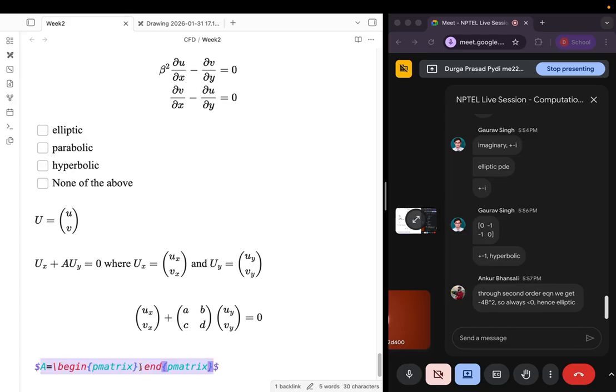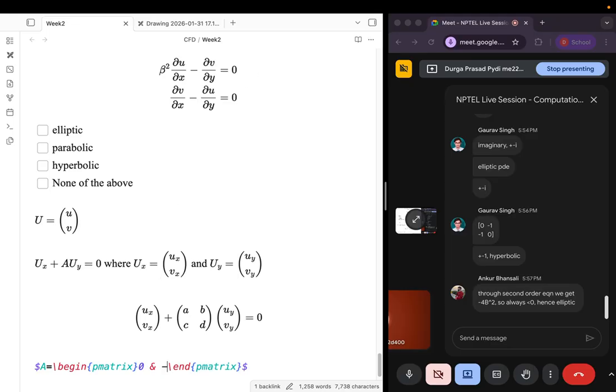So your A should be something like this: in the first equation you do not have any Uy term, so A should be 0, so that part is correct. Now coming to the B part, B is getting multiplied with Vy. Vy has a minus 1, but Ux is the first term, which does not have any coefficient here, so we have to divide this equation by beta square.